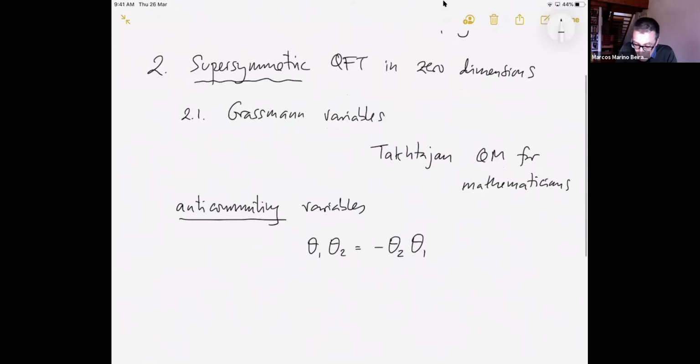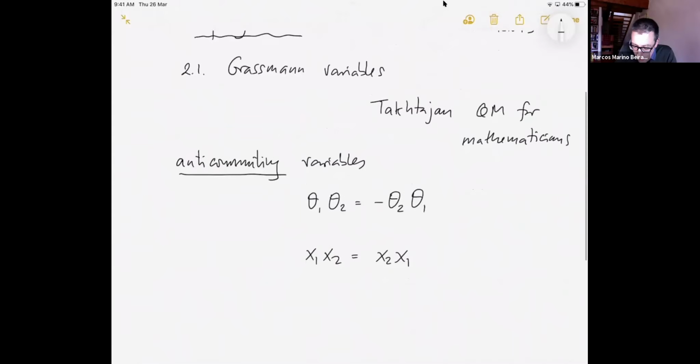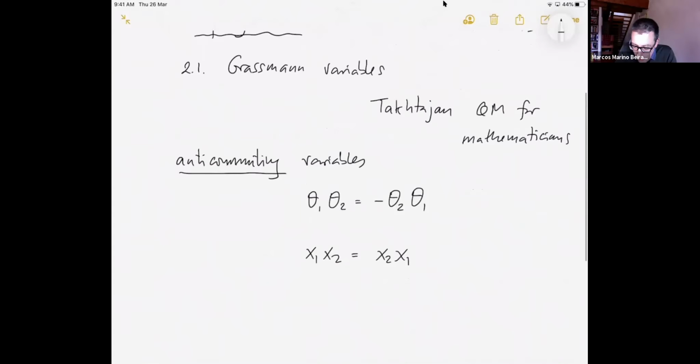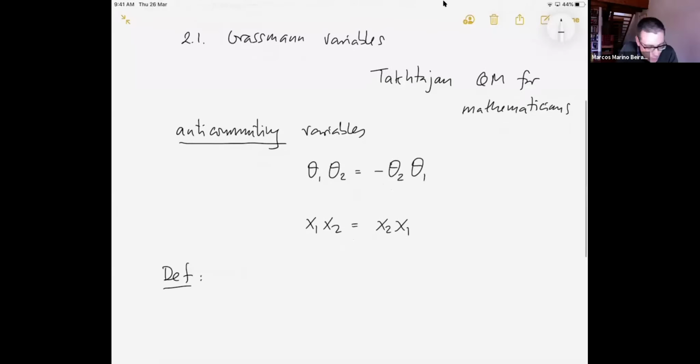Okay, so this is, if you want, different from commuting variables, in which the multiplication is commutative. Here the multiplication is anti-commutative. Okay. Now let me make a formal definition for those of you who are more formal, so you are relaxed.